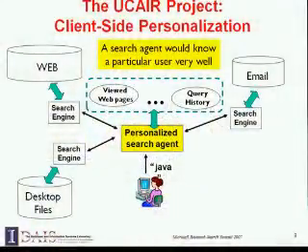Every day, people interact with a lot of search engines, for example web search engines, desktop files, and emails. There are a lot of histories: what web pages this user viewed, and what the query history of this user is. So the goal of this project is to learn or build a personalized search engine for each individual. This personalized search engine could utilize all the history of this user to personalize its search results.